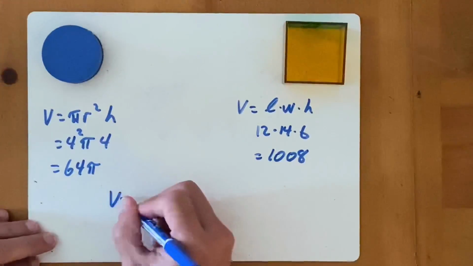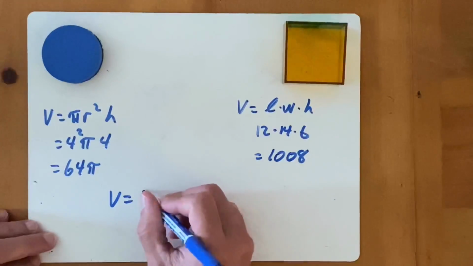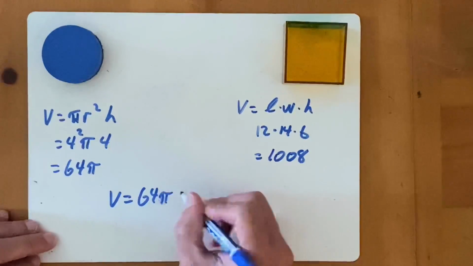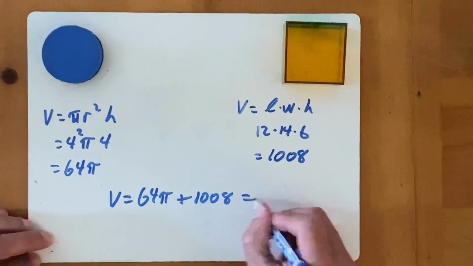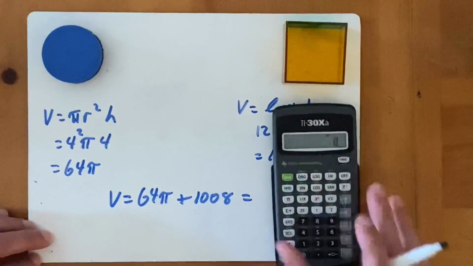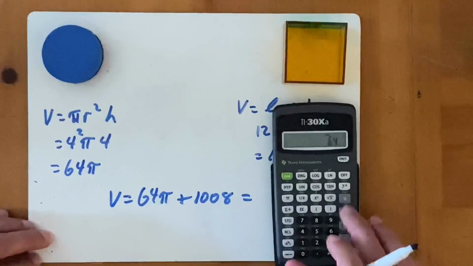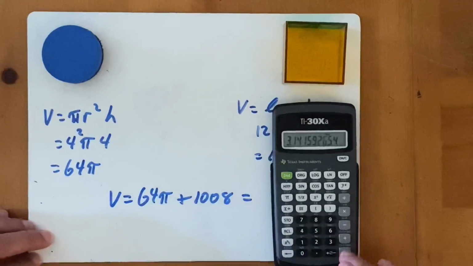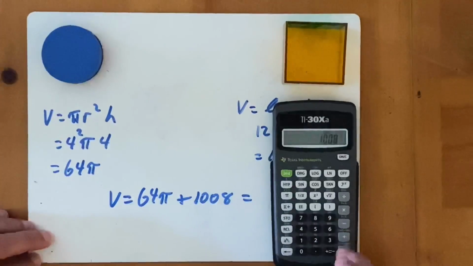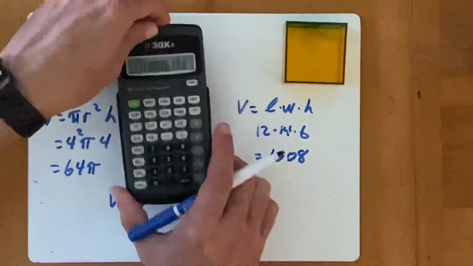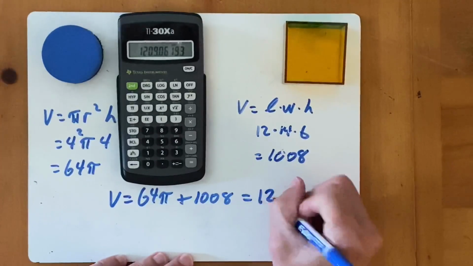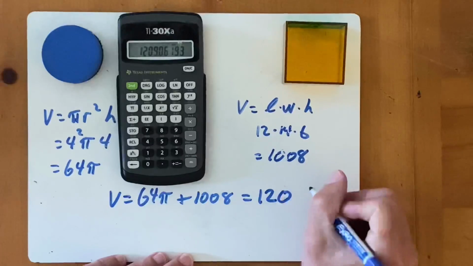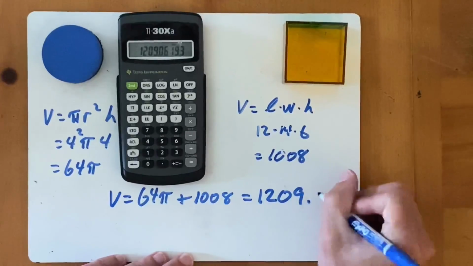Total volume for the composite figure is 64 pi plus 1,008. So 64 times pi, that's the cylinder, and then plus 1,008. Rounding to the nearest tenth, that gives me a total volume of 1,209.1.